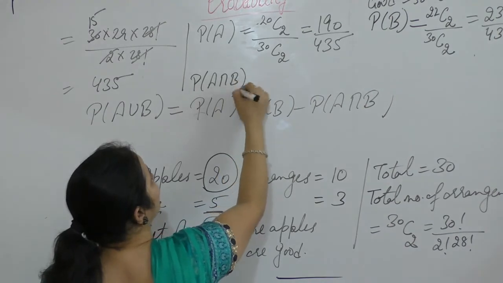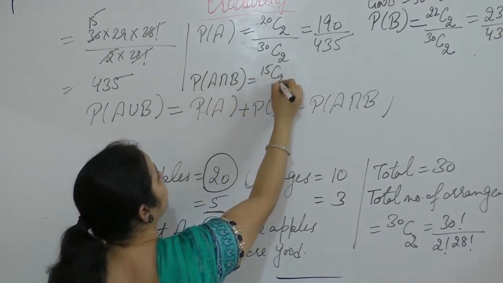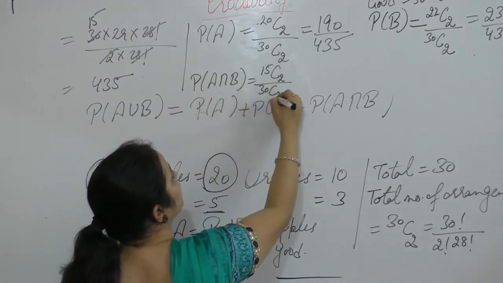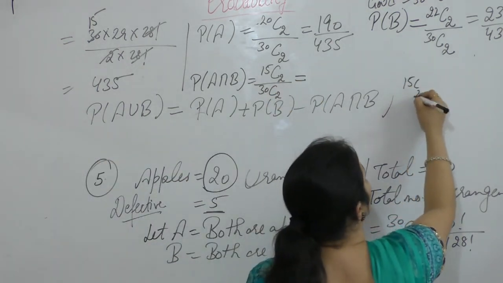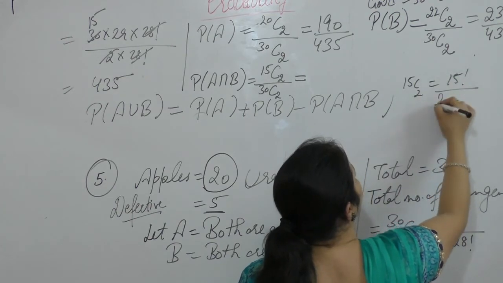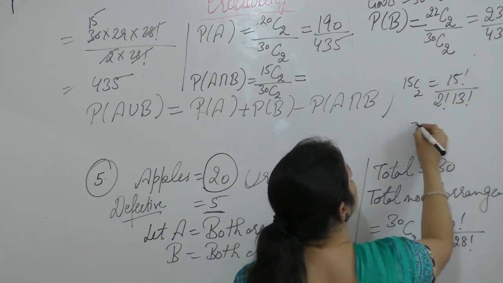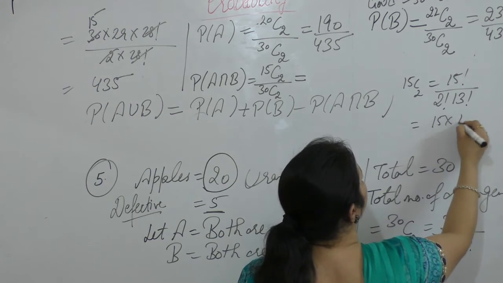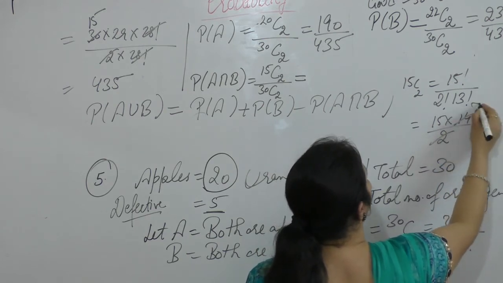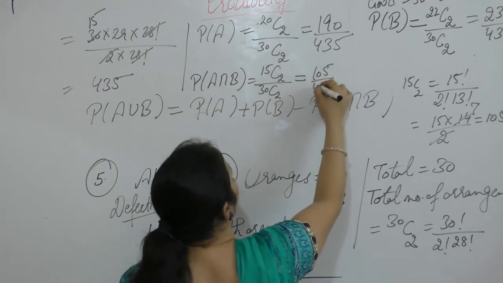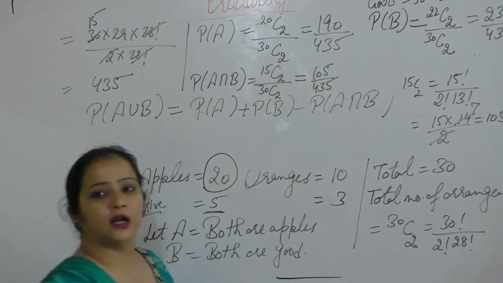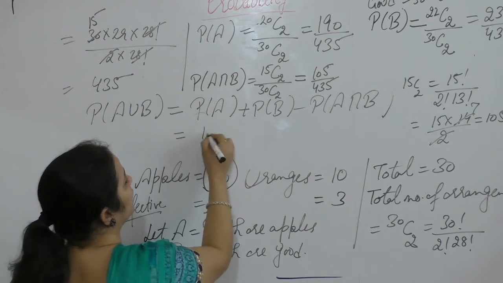Now we have to select 2 items from 15. 15C2 upon 30C2. Find the value of 15C2: 15 factorial upon 2 factorial into 13 factorial, 15 minus 2 is 13. 15 into 14 by 2, so 105 upon 435. Now put these values.